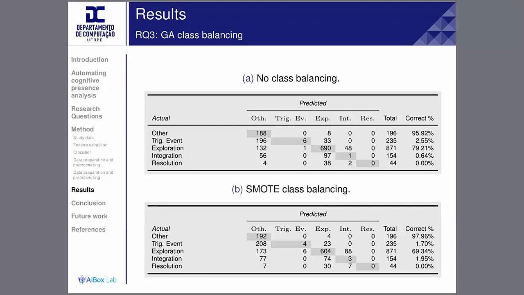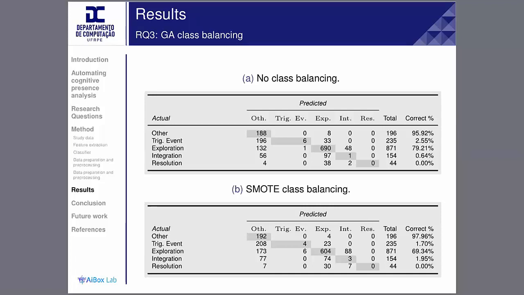As I told you before, one message can express different phases. So as exploration and integration, many words are used to compose a message. So this may contribute to the misclassification. Considering the SMOTE class balancing, we have a similar behavior, right?